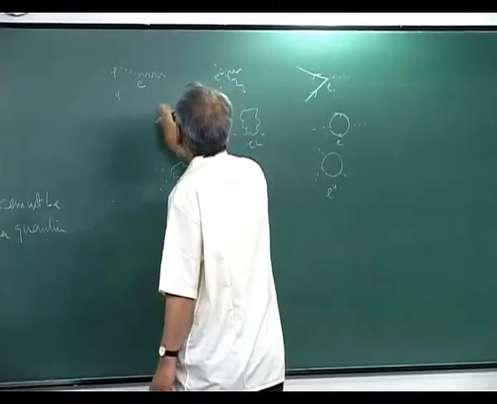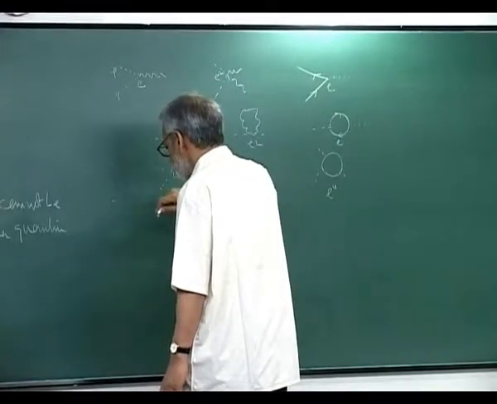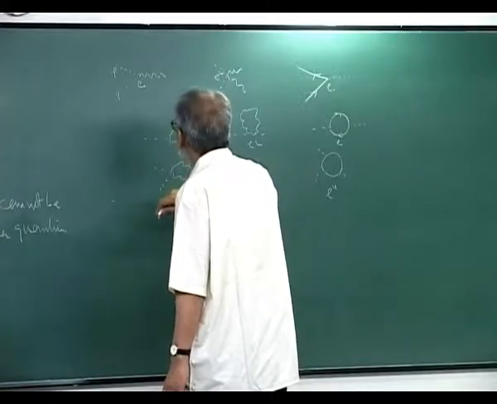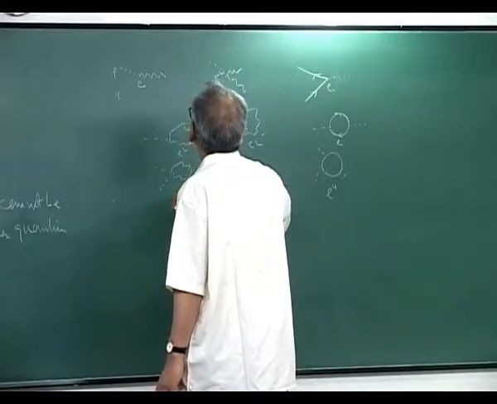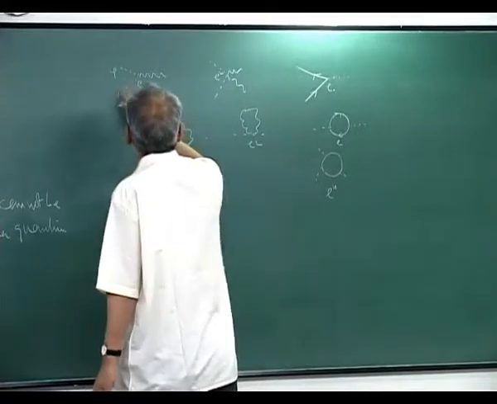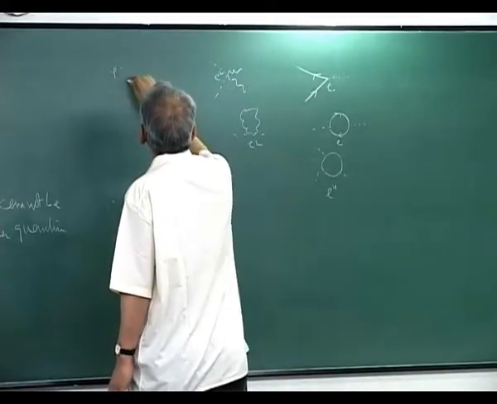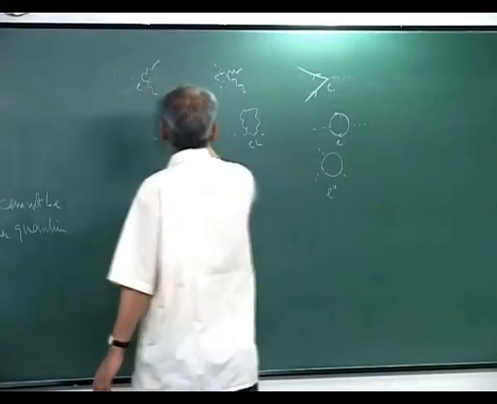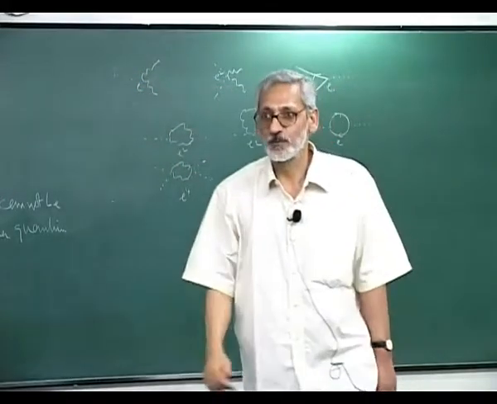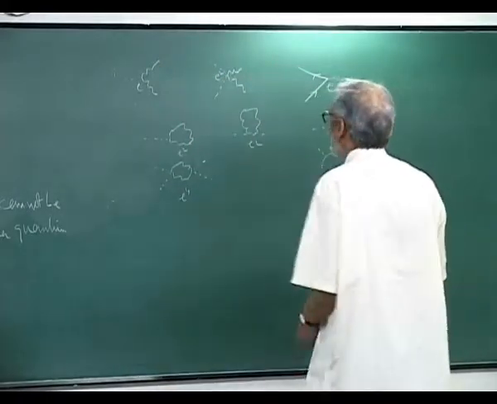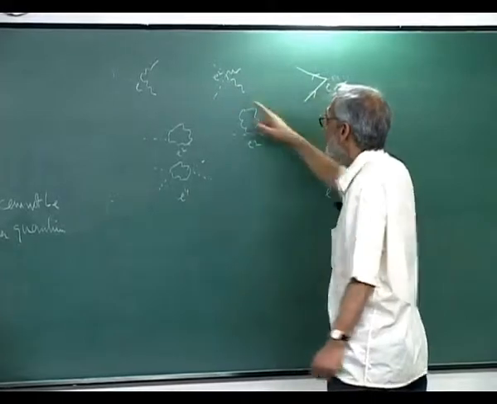No, sorry. Maybe I should have written this vertex. That's what is here. You're right. So something of this kind. That's the counterpart of this. This is additional.